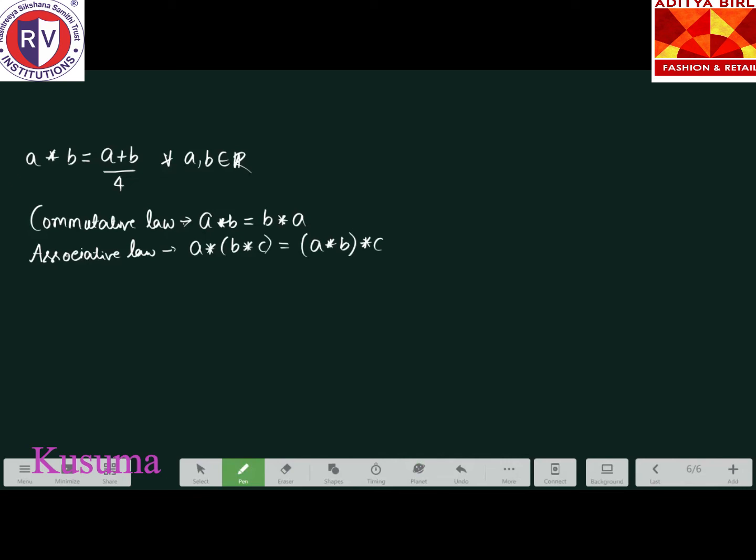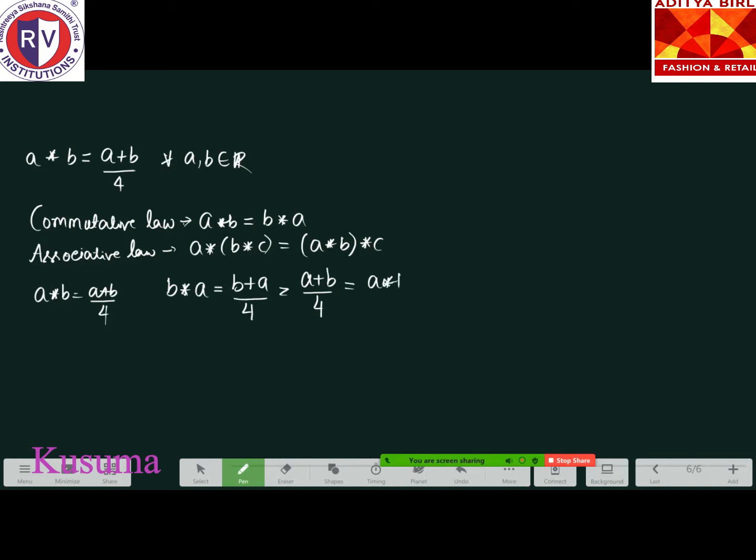Now, let us consider A star B, that is A plus B by 4. Now, let us see what B star A is. B star A is B plus A by 4. We know that addition is commutative, so we can write it as A plus B by 4, which is nothing but A star B. That is, we have seen that B star A is equal to A star B. Therefore, star is commutative.